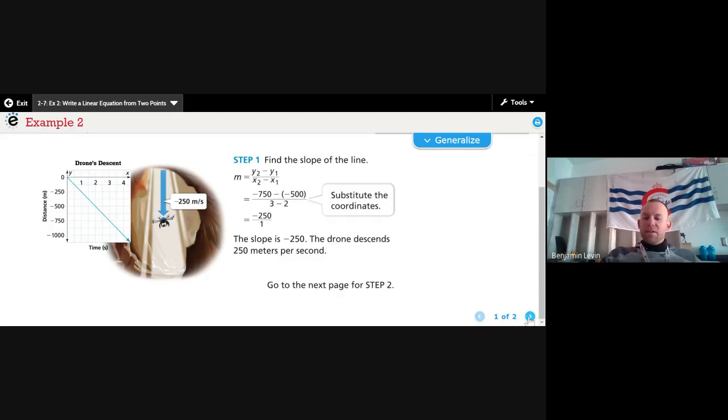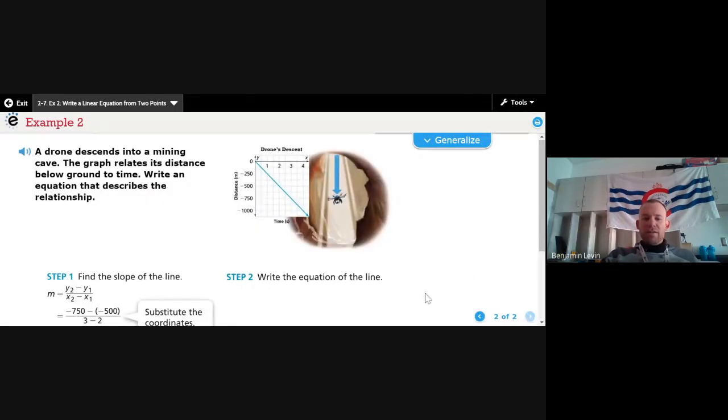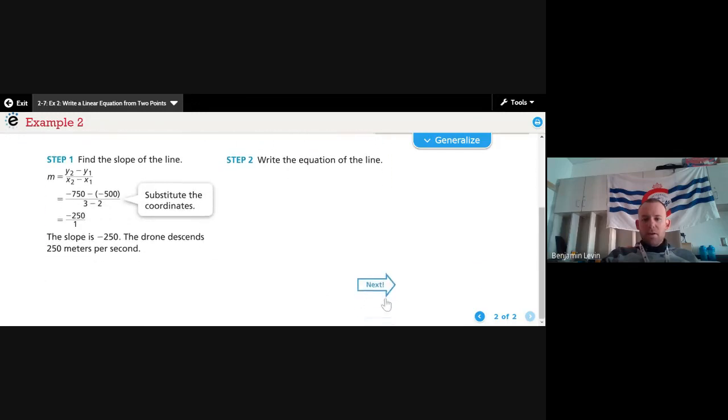So now it's going to show us how we write this as an equation. We know that it has to be in y equals mx, right? We're not doing any plus b's yet. We'll talk about what that is later. But it's in this y equals mx. That is a linear expression or a linear equation. We know that the m is going to be where the slope goes.